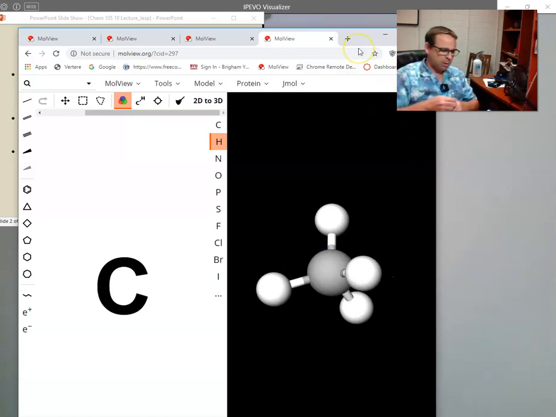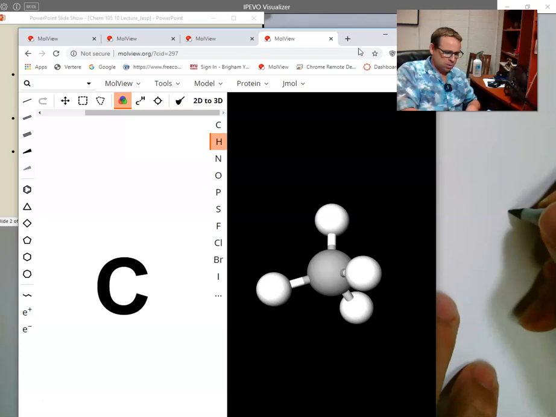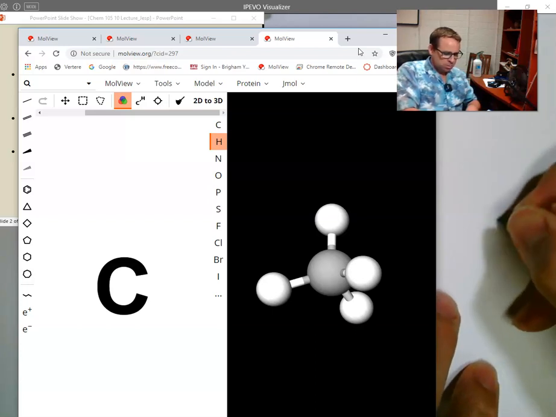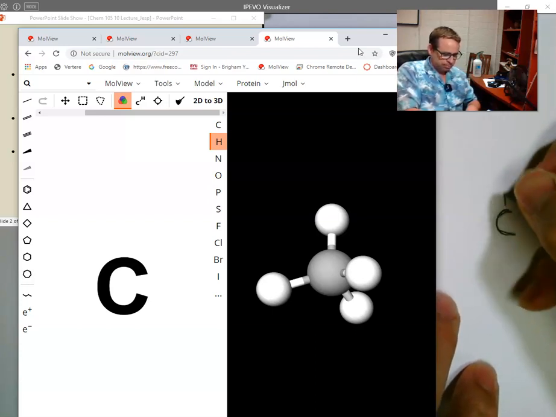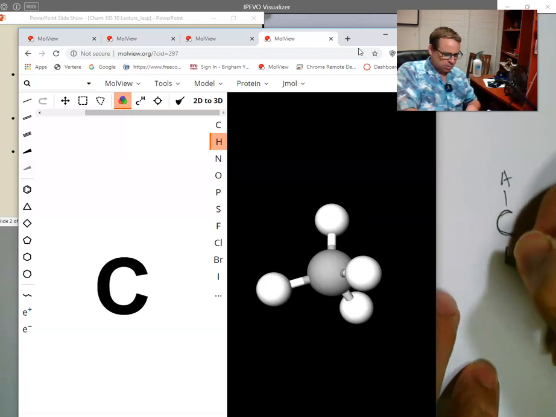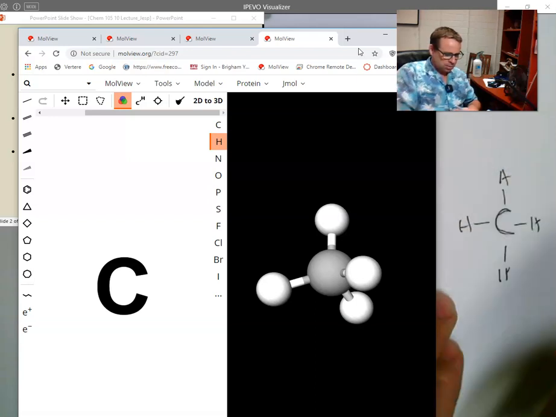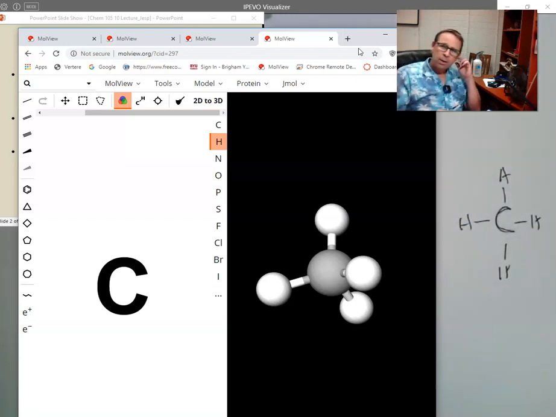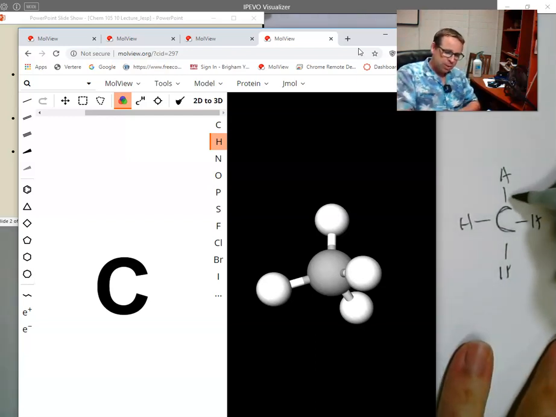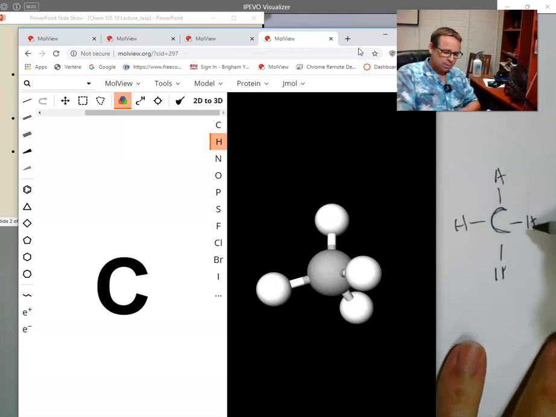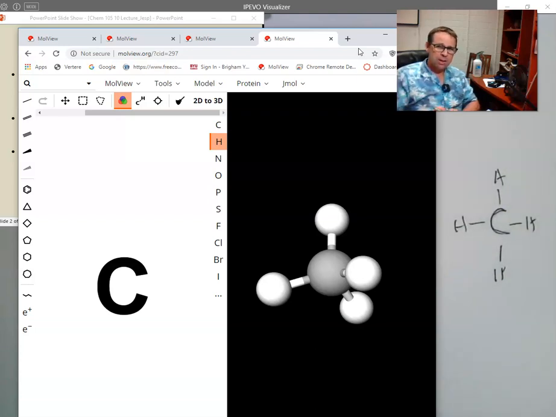Okay? Now, if I were to draw this off to the side here, carbon with 4 hydrogens around it, I would draw it like that. That would be my Lewis dot structure. And I might think, oh, the angle between these 2 hydrogens, because of the way I've drawn it, is 90 degrees. Okay?